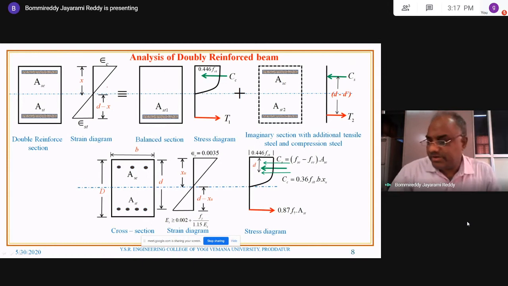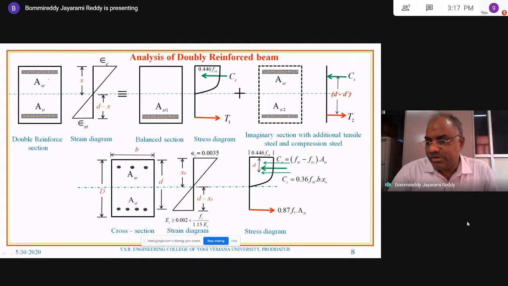So here, understanding this concept is more important. If you understand this concept, all these diagrams, everything is over. This analysis is exactly a small extension to the singly reinforced section. Already you have seen clearly the beam cross section, the strain diagram, and also the stress diagram for the singly reinforced balanced section. Now it is an extension. What is the difference?